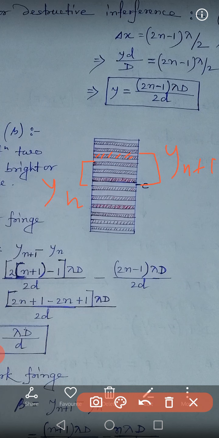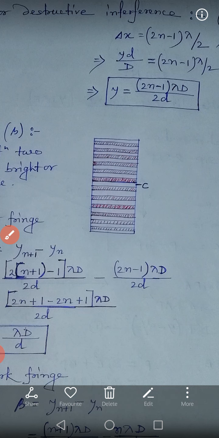Now if you subtract yn plus 1 minus yn, which one are you going to get? The width of this dark fringe, isn't it? So the width of a dark fringe can be obtained by subtracting the positions of two consecutive bright fringes, and the width of a bright fringe can be obtained by subtracting the positions of two consecutive dark fringes.